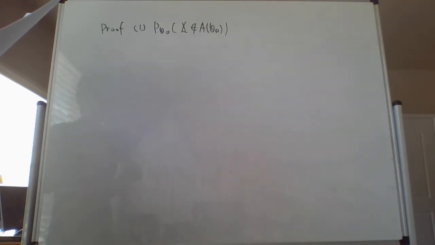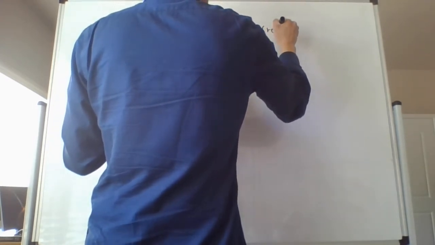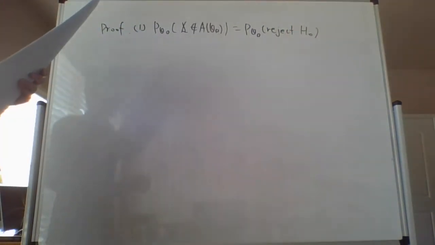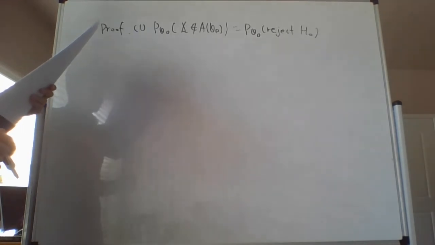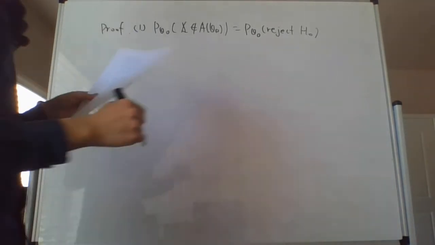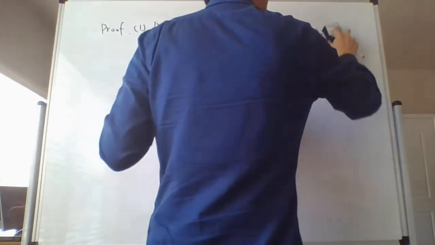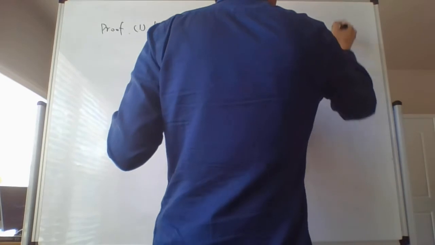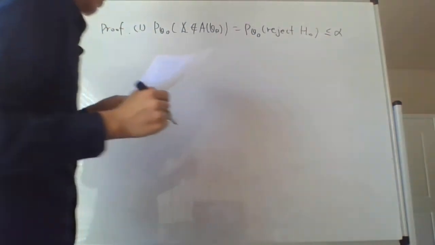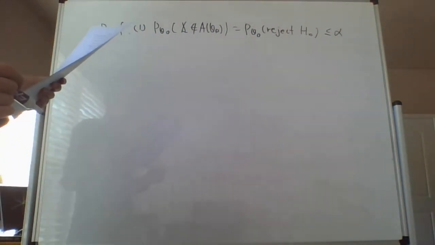That means x belongs to the rejection region, so we consider the probability of rejecting H0, and since this is a level alpha test, that is less than or equal to alpha.